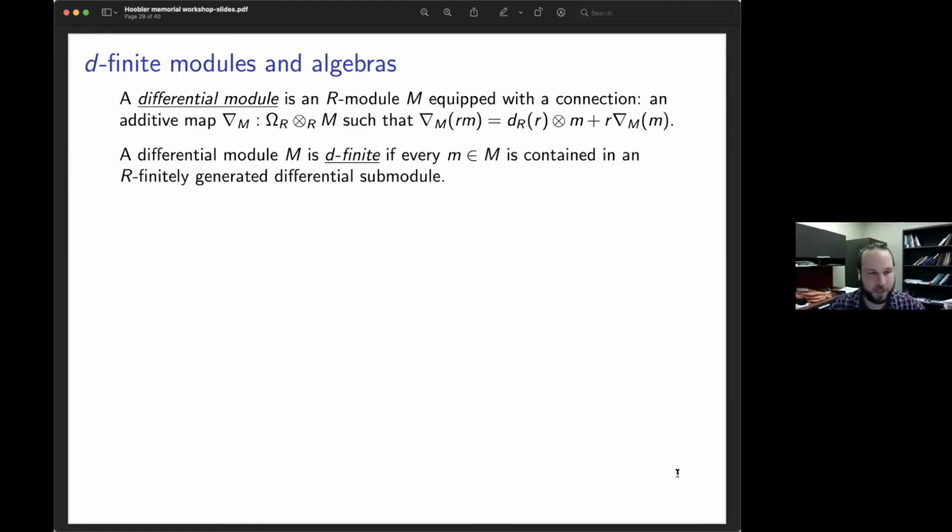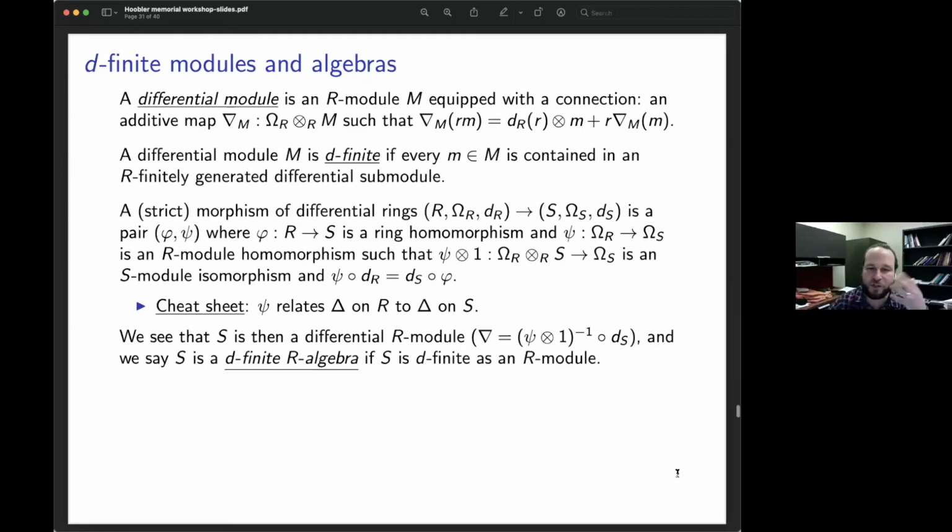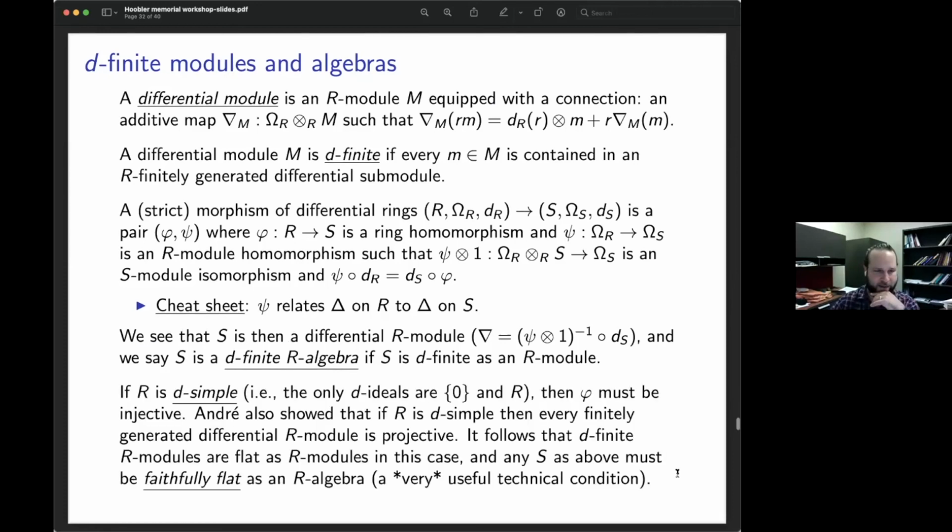Right on. Here I talk about definite modules and algebras, and these are things that are basically built out of finitely generated differential modules. In this language, there's a notion of a differential equation that's captured by this, and a definite algebra is something that looks like it's part of a Picard-Vessiot ring, but maybe not the whole thing.